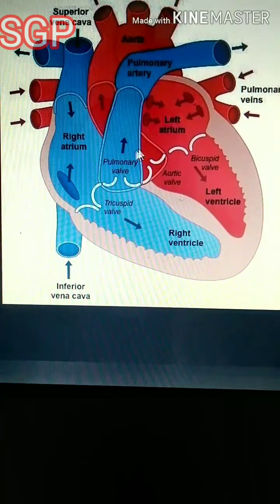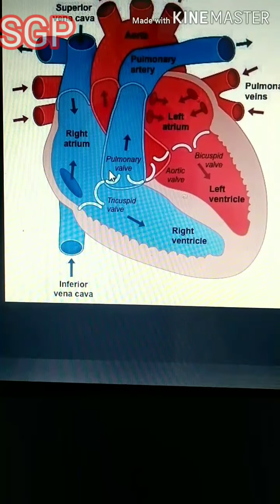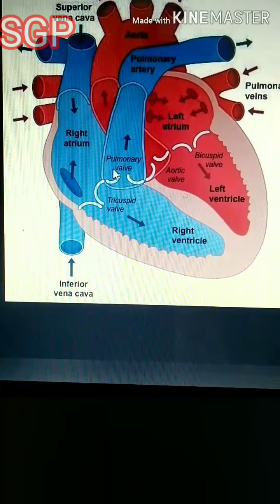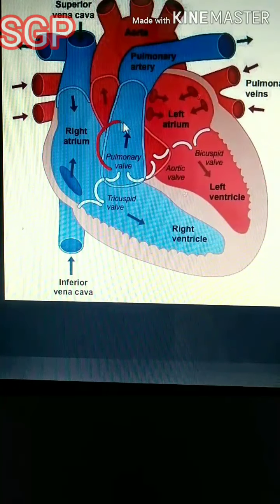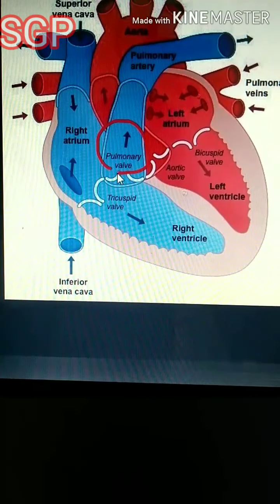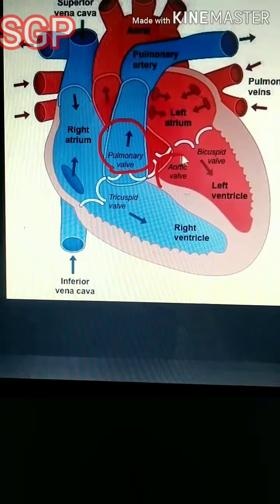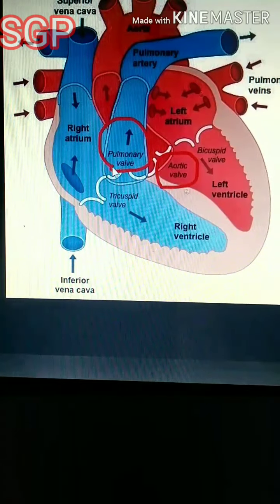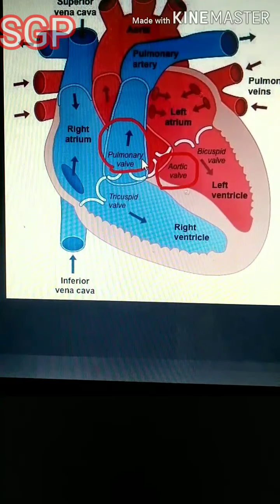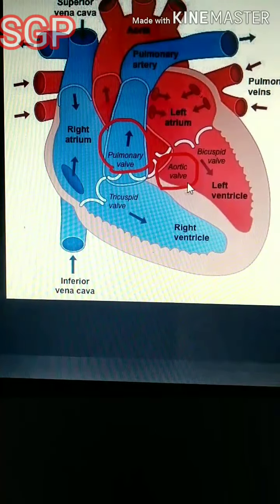Apart from the tricuspid and bicuspid valves, two more valves are present. The first is the pulmonary valve, and the other is the aortic valve.